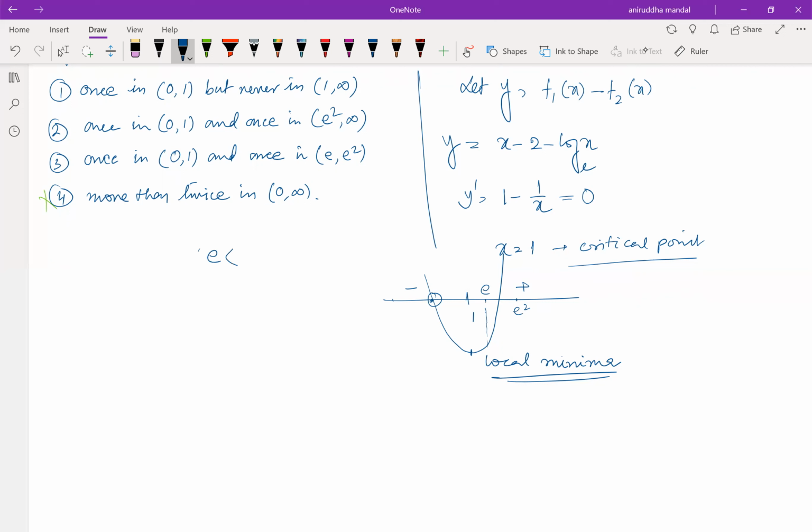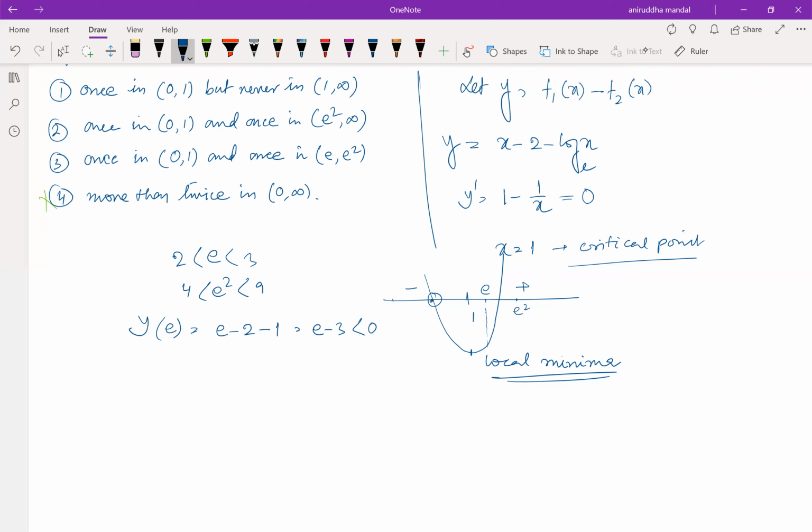As we know, e lies between 2 and 3 and e square lies between 4 and 9. So y(e) is e minus 2 minus log e, which is 1, so e minus 3. So this y(e) is negative.